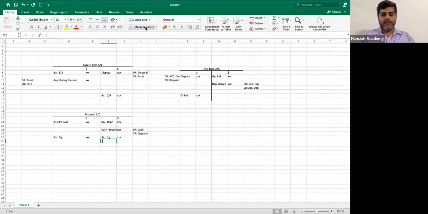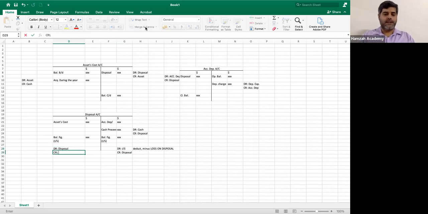Even if the figure is here, it is going to be of the income statement, or if the figure is here, this is again going to be of the income statement. Over here, the double entry is income statement debit, credit disposal. Debiting the income statement means we have to deduct, and it is the loss on disposal. And if we have the balancing figure here, the double entry is going to be disposal debit, and credit is income statement.